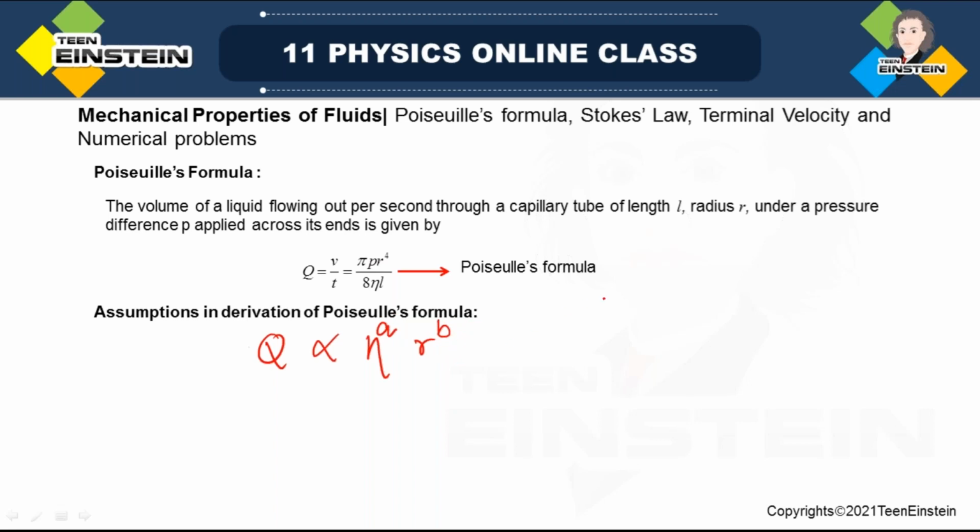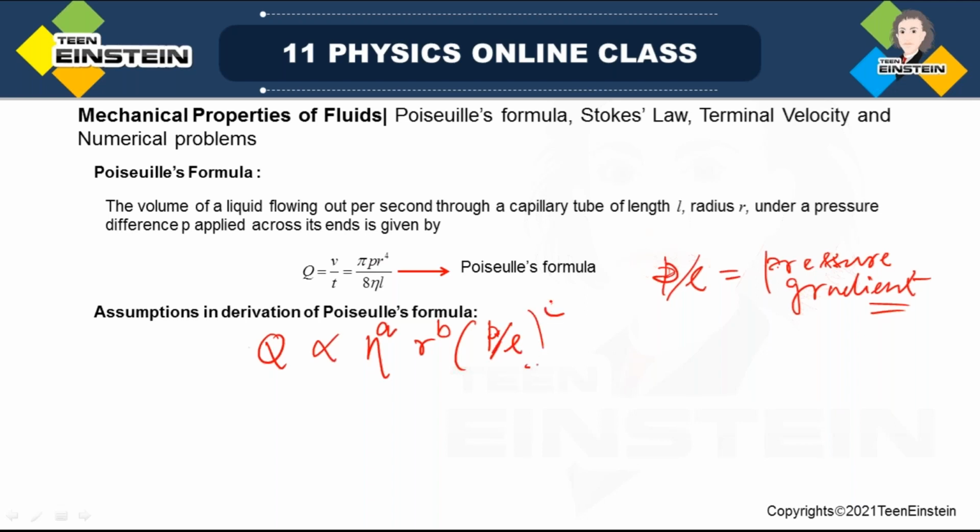and it depends on the pressure gradient, that means pressure per unit length. This is called pressure gradient. All right, so we'll write that also: P by L, this is the pressure gradient, whole to the power C, suppose.